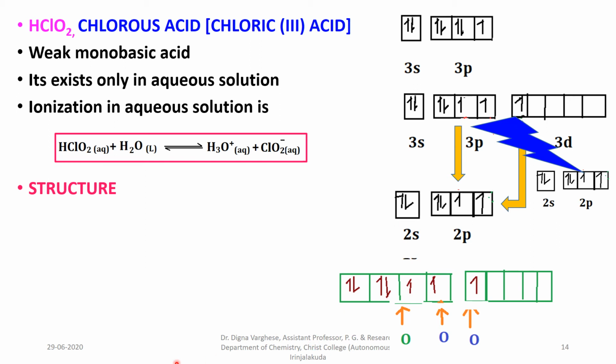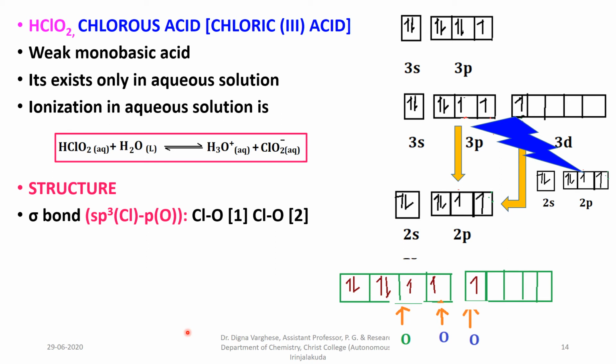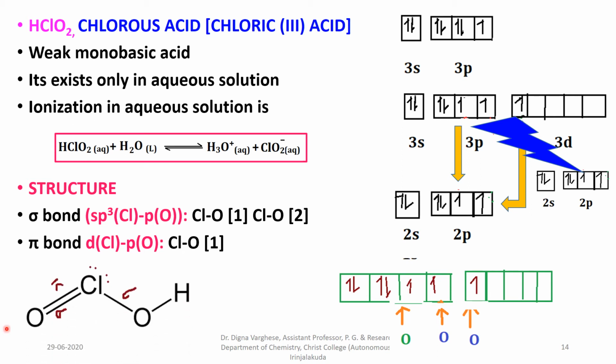Chlorine is attached to 2 oxygen atoms, forming 2 sigma bonds, and 1 pi bond is formed by the d pi p pi bond. One oxygen is forming a sigma bond only and the other one is forming sigma and a pi bond, and there are 2 lone pairs, and the structure is shown in this figure.